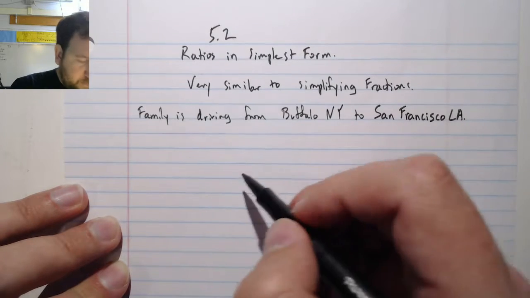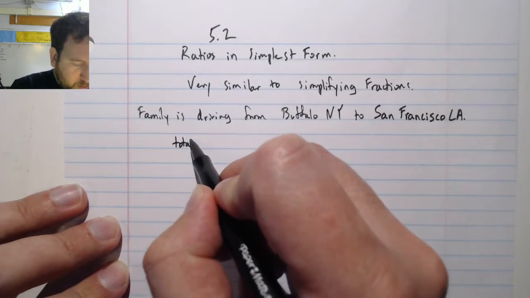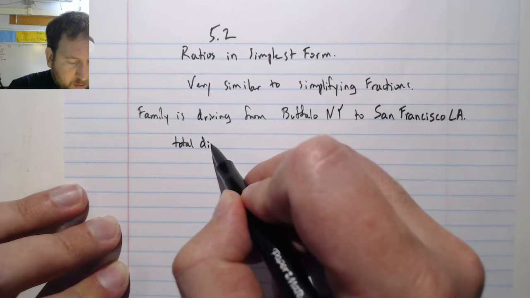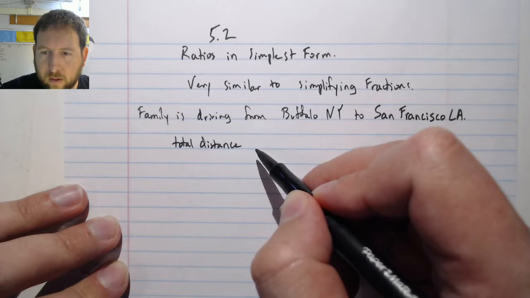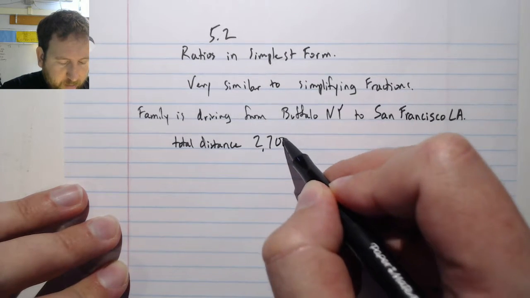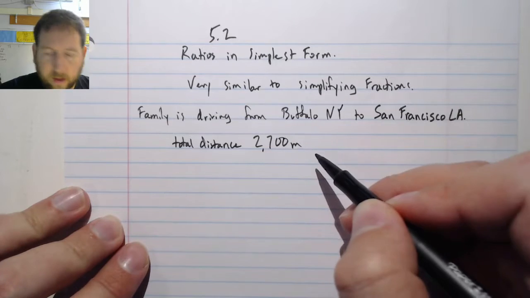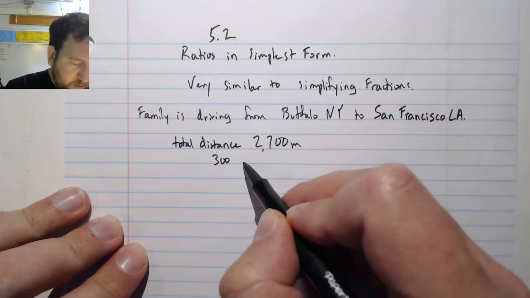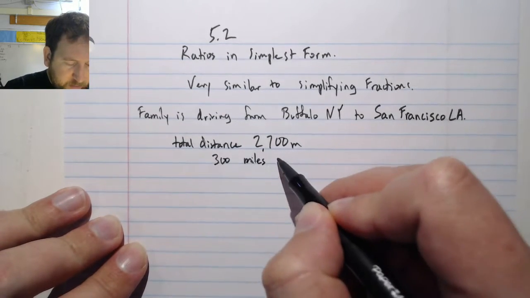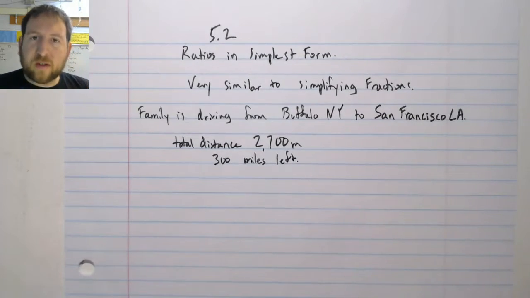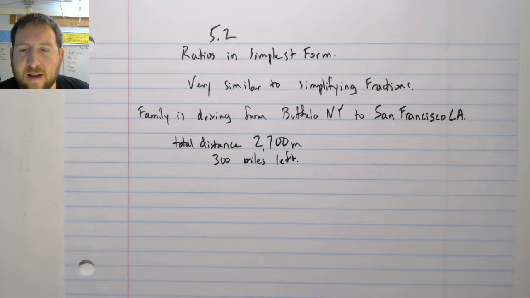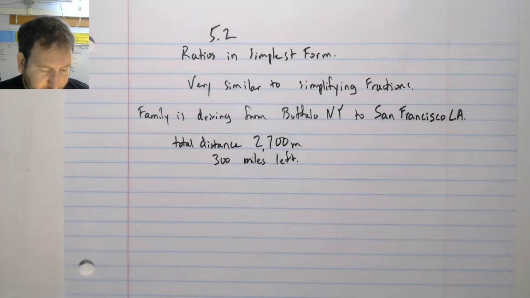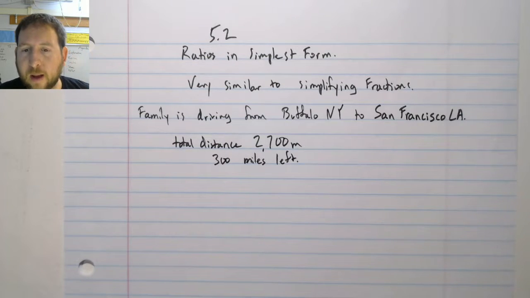Total distance is 2,700 miles. They have 300 miles left. What's the ratio in simplest form of the distance that they have left to go? Okay? And we are going to come back to this and we're going to talk about how to simplify them.